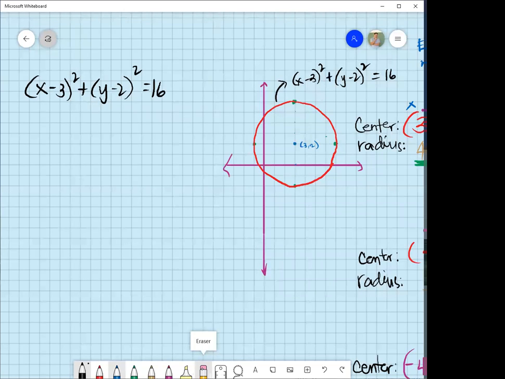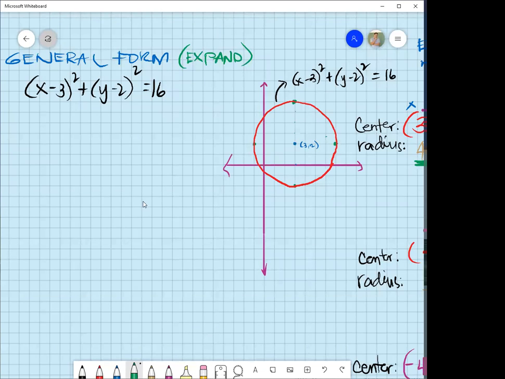So this time, we will be doing the general form of the equation, and we do that by expanding our standard form.